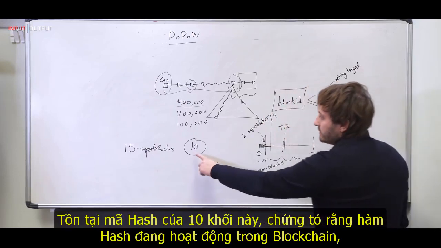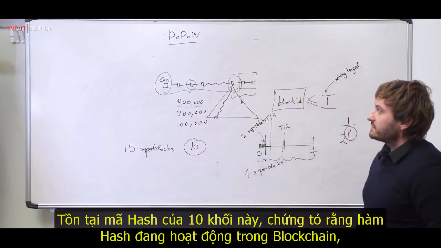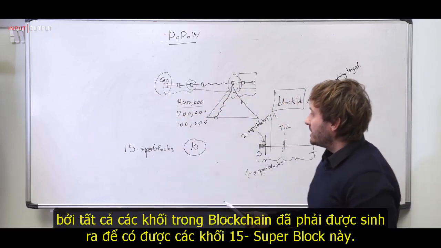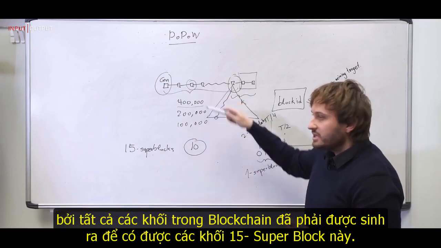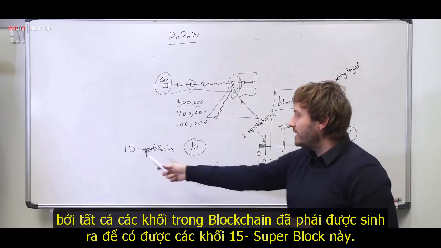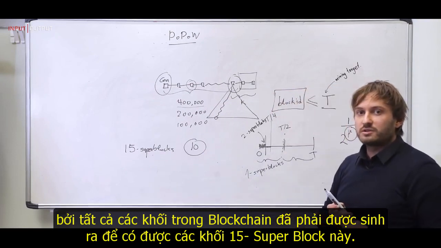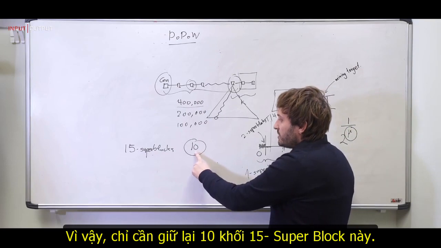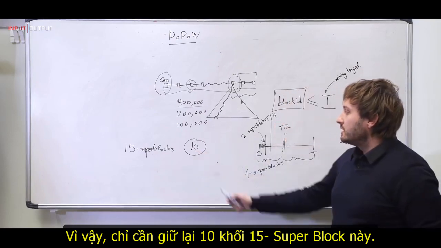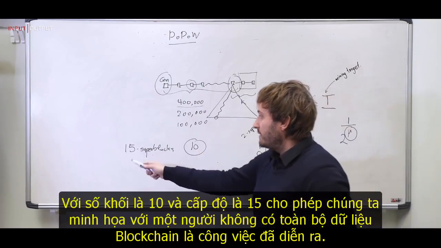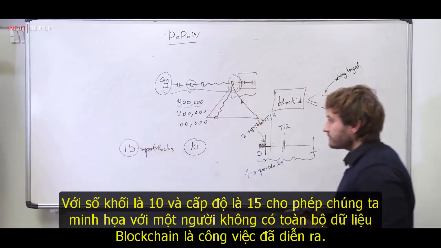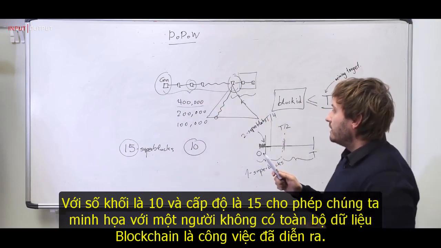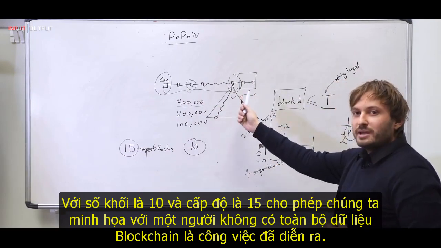However, the fact that these 10 have occurred somehow captures the fact that there has been work happening within the blockchain, because all of these blocks would have to be tried out to get so many superblocks of level 15. So just keeping these 15 superblocks, so the count of blocks is 10 and their level is 15, allows us to illustrate to someone who doesn't have the whole blockchain the fact that work took place.